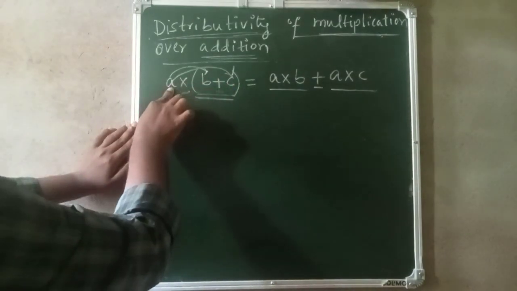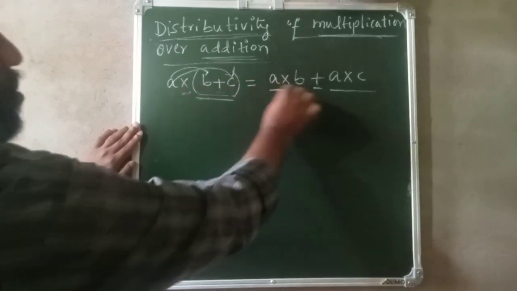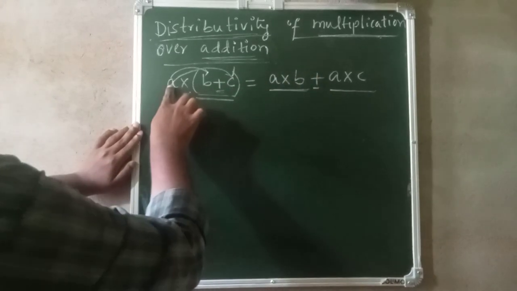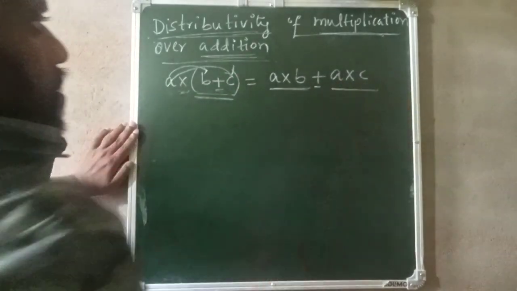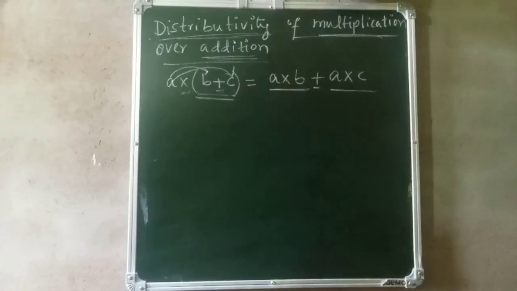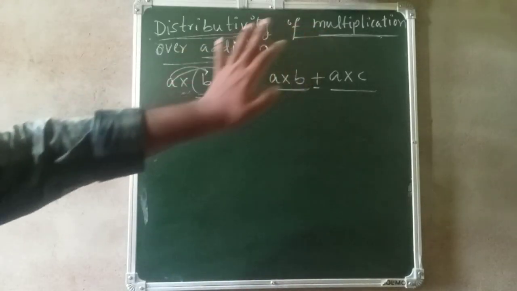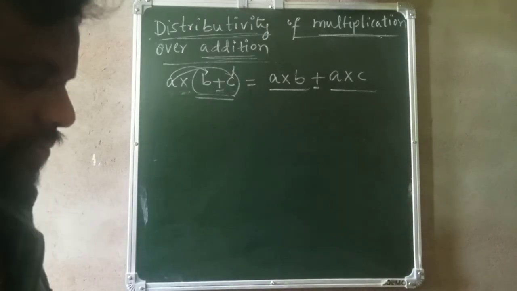We will distribute A with B and C like this: A into B first, next this plus, next we distribute A with C, like A into C. So that's why this equation is called distributivity of multiplication over addition. Got it right? Yeah.